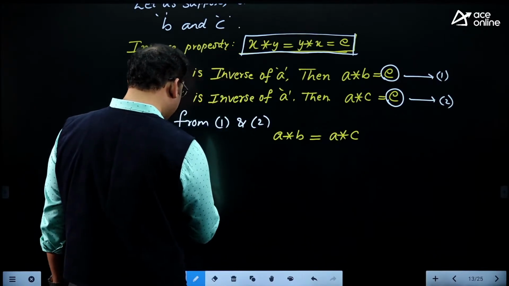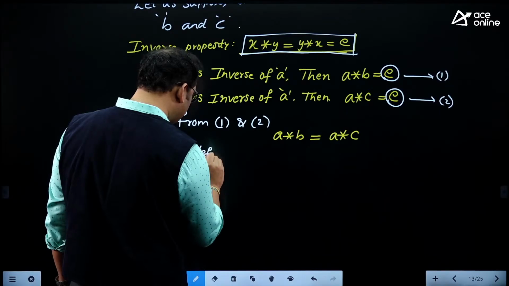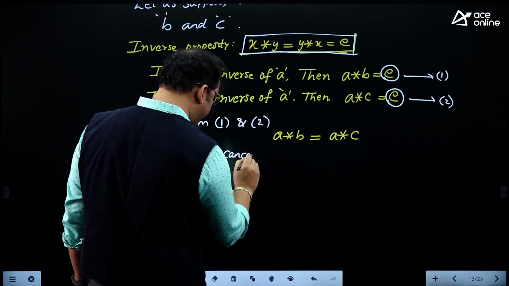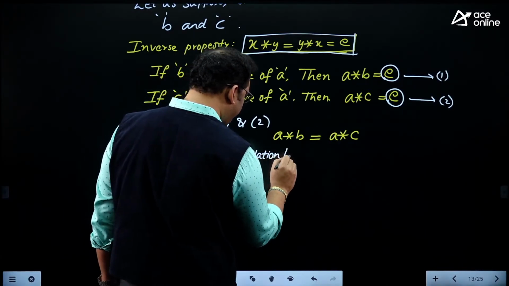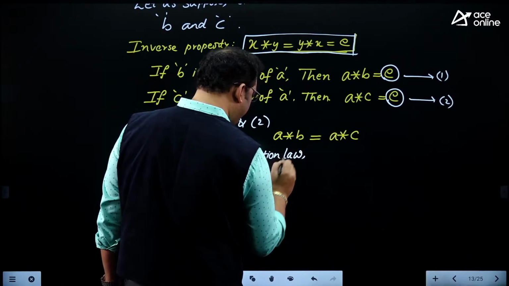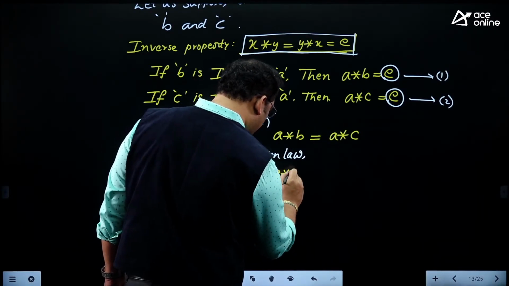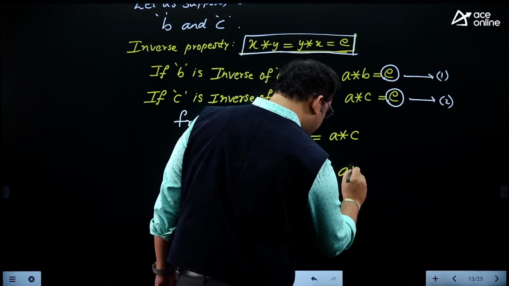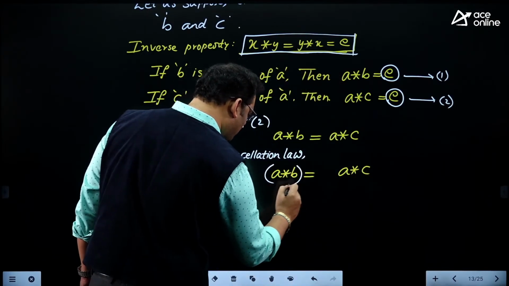Yes, let me write it like this. By left cancellation law, A star B is equal to A star C. I am operating with A inverse on both sides.